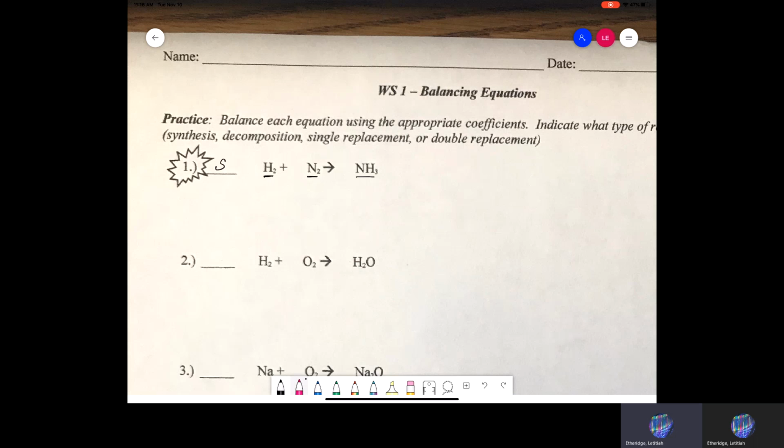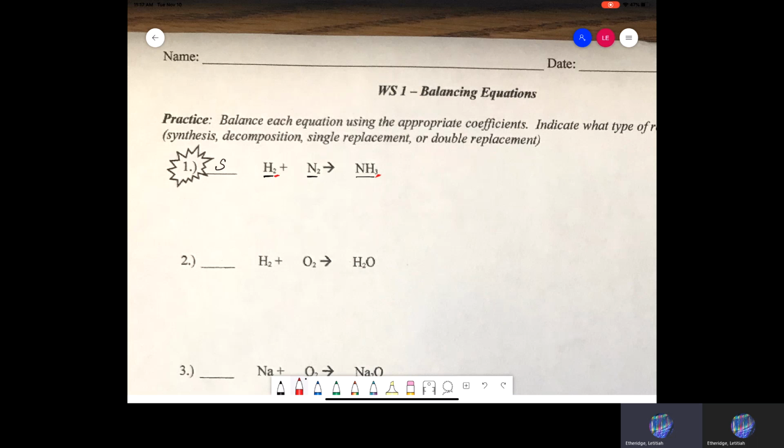Now in terms of our coefficients, remember that rule that I told you about, right? When you start to see 3s and 2s, you should go 3s and 2s. So you have ammonia here with a subscript of 3.